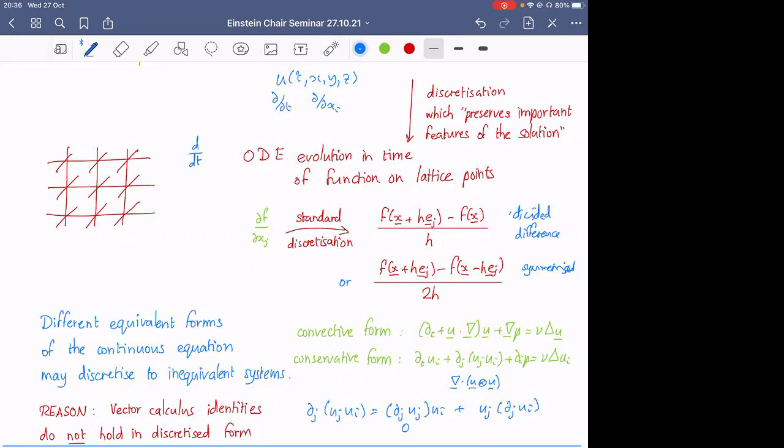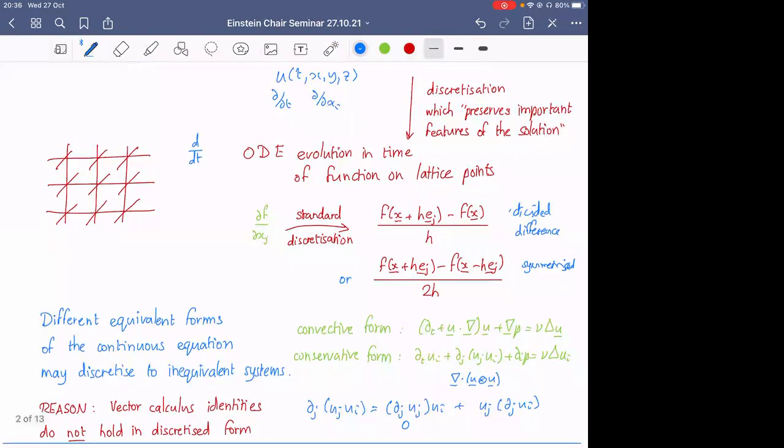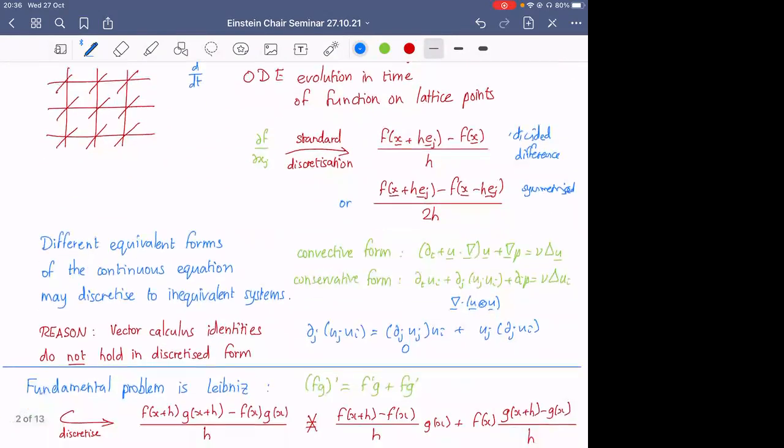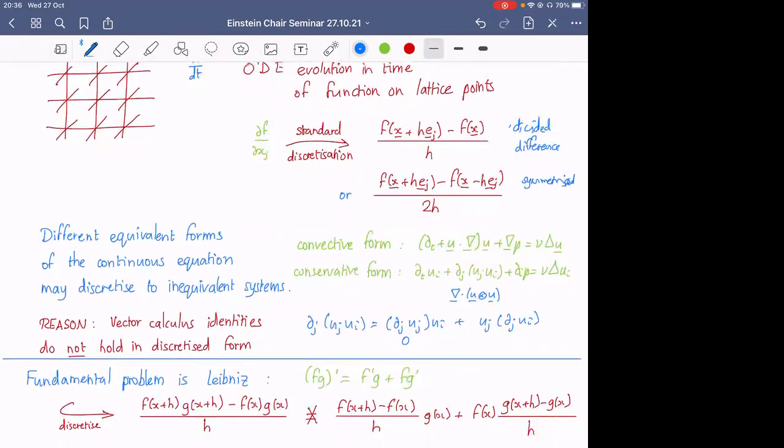This sort of identity doesn't hold in discretized form, and that is the crux of the difference between the continuum and the discretized model. So the fundamental problem is the Leibniz rule in the one-dimensional setting.